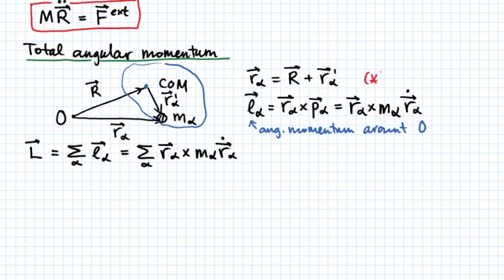By substituting the expression of each individual chunk with respect to the center of mass, we'll get for the total angular momentum L four sums: two terms for each r sub alpha and two terms for each r sub alpha dot.